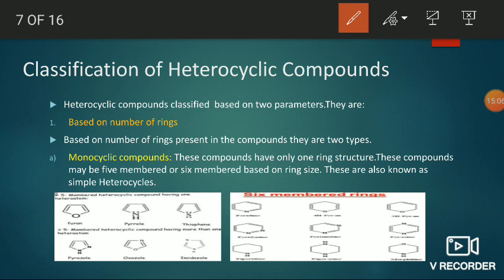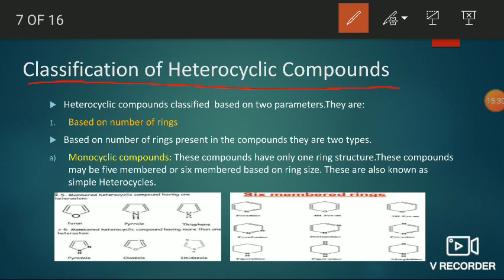Next, our main topic is heterocyclic compounds. There is also a classification for heterocyclic compounds, that is, the classification of heterocyclic compounds or heterocycles. Generally, heterocyclic compounds are classified based on two parameters.